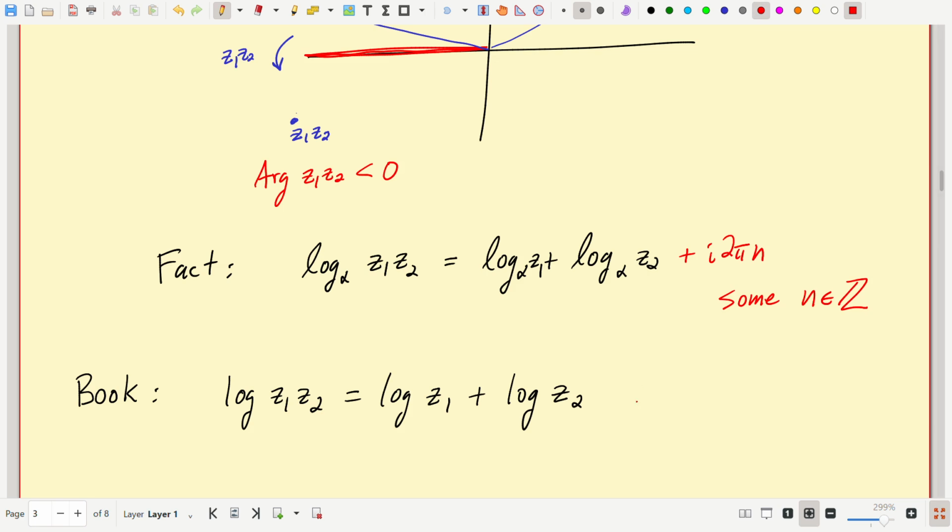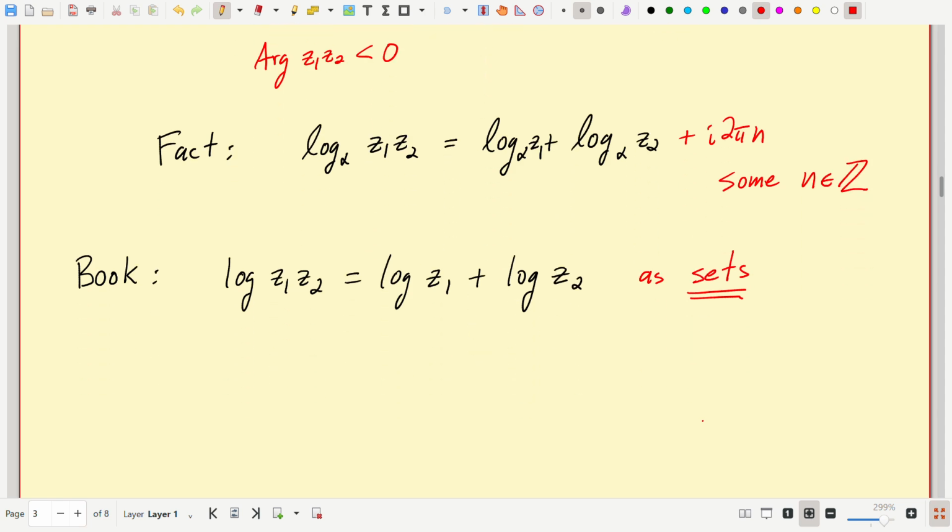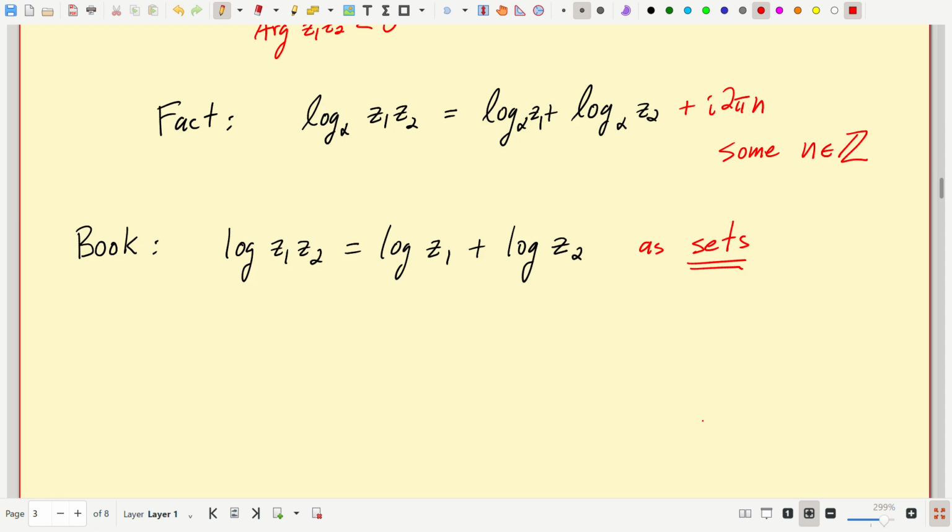So it's important to mention here, as sets. When you use the notation that log represents a set of numbers, all the possible things, so that e to it is z1 z2, that's the first one. So here's a fact that's true.